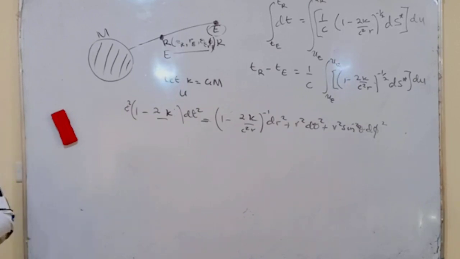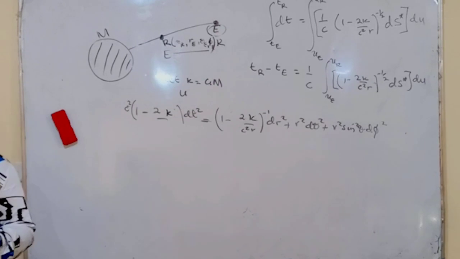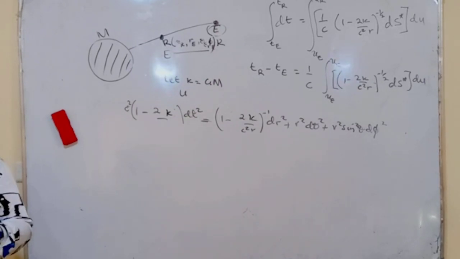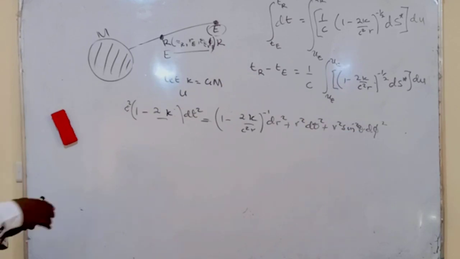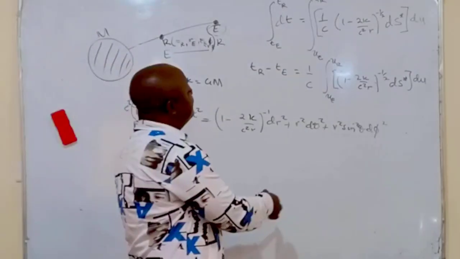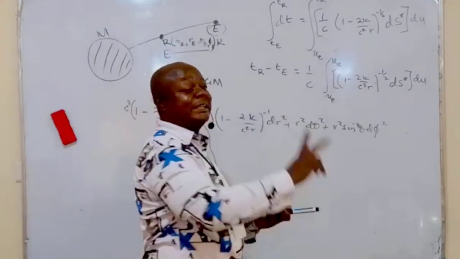And then after some time, I emit another one. It goes from my emitter to my receiver. And the two signals have the same properties. Same wavelength, same frequency. What I want to claim is that this interval will be the same for the two signals.